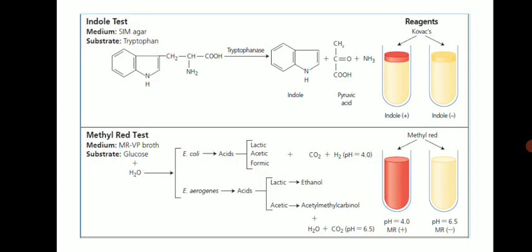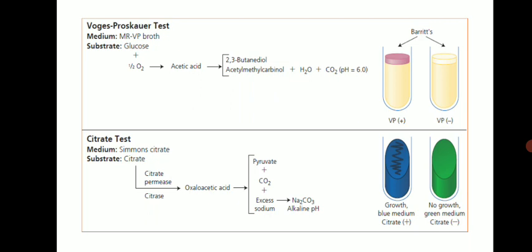Here is a summary of the IMViC tests. In indole production, if indole is produced, a ring appears. If it is not produced, no ring appears; a positive test is indicated by presence of a ring, and a negative test by absence of a ring. Similarly, in the methyl red test, we can observe color change after pH variation. Next are the Voges-Proskauer test and the citrate test.